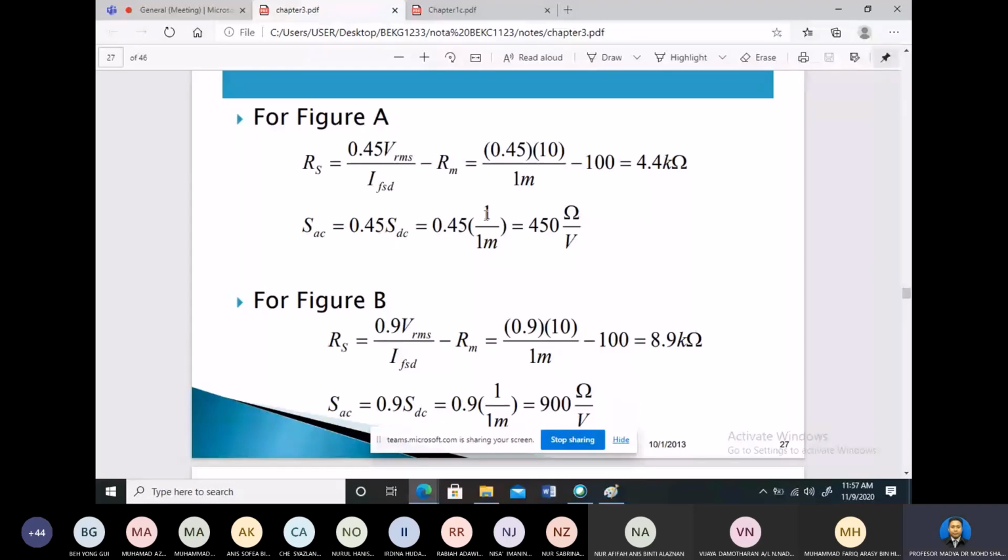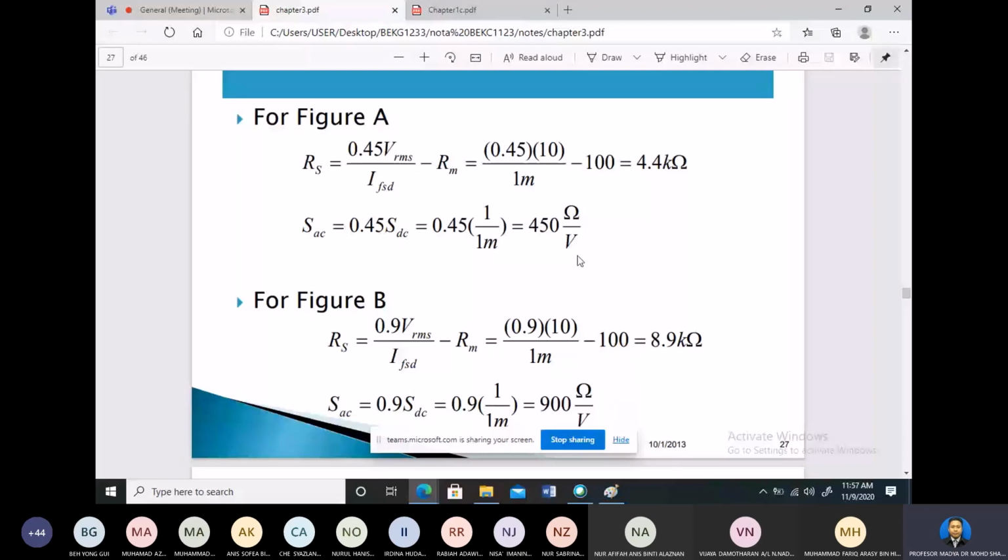With this formula, the sensitivity of AC equals 0.45 multiplied by the DC sensitivity. The DC sensitivity is 1 over the full scale deflection current of 1 ampere. So the AC sensitivity is 450 ohm per volt. So this is for figure 1, half wave.